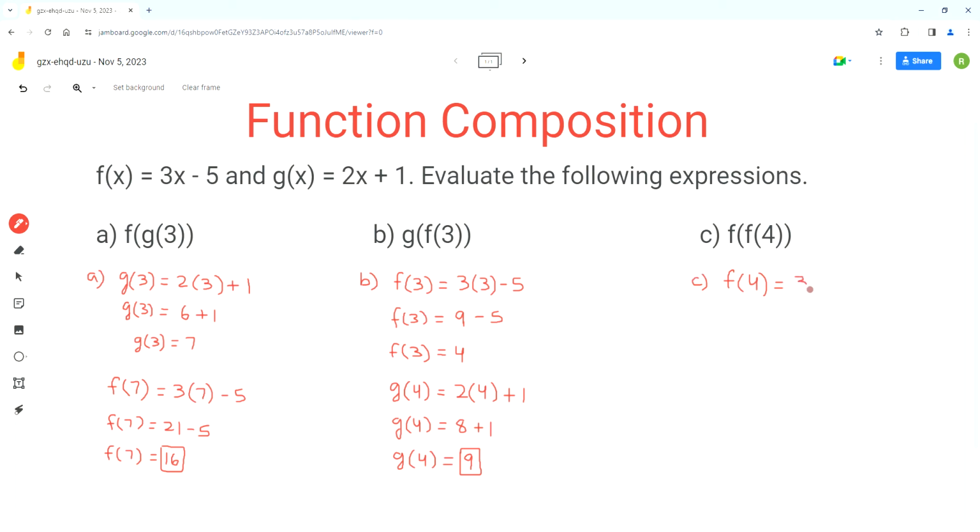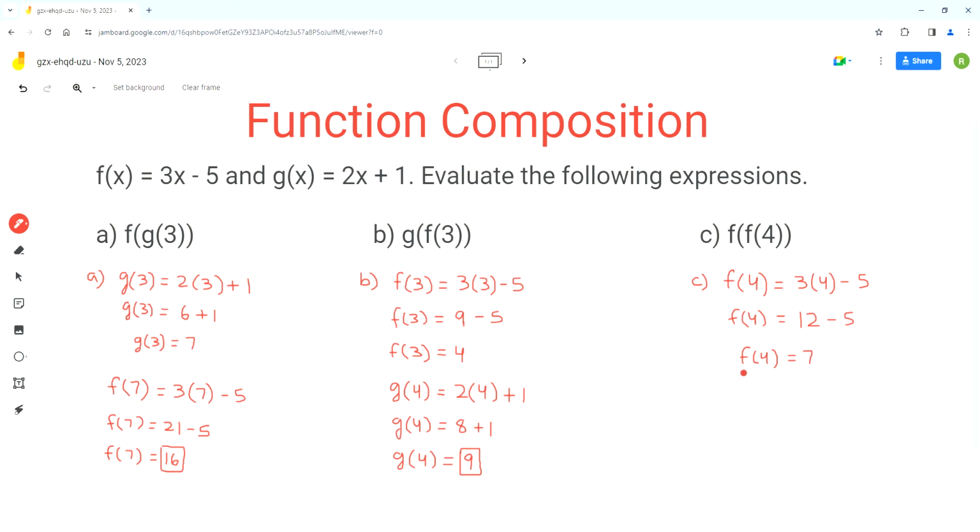So we get 3 times 4 minus 5, which is equal to 3 times 4 is 12, minus 5. So this is f(4). And now we can do the subtraction. So f(4) is equal to 7.